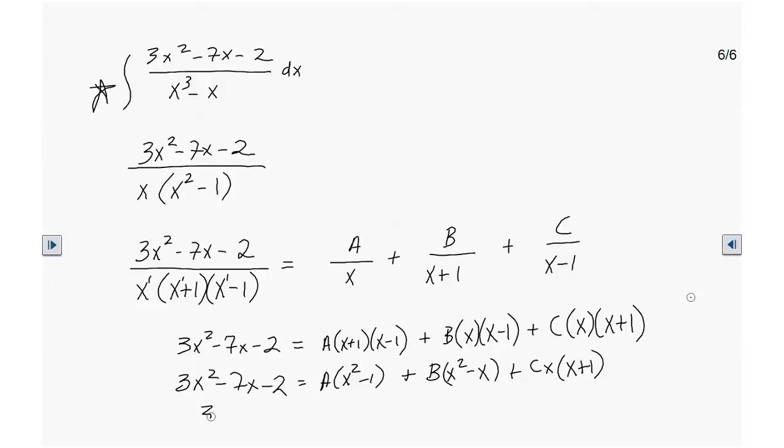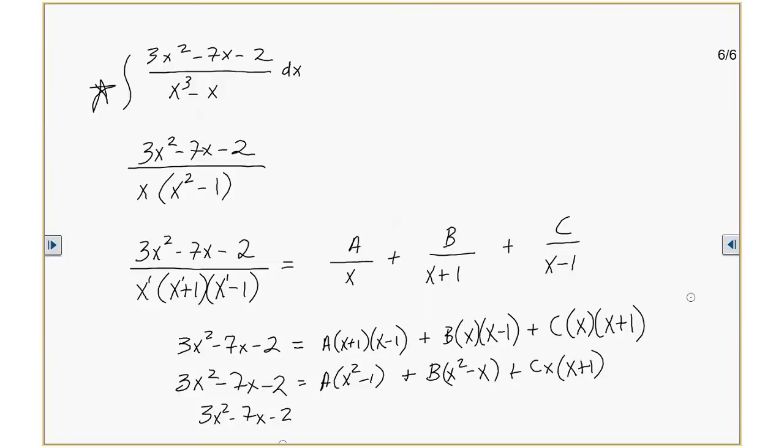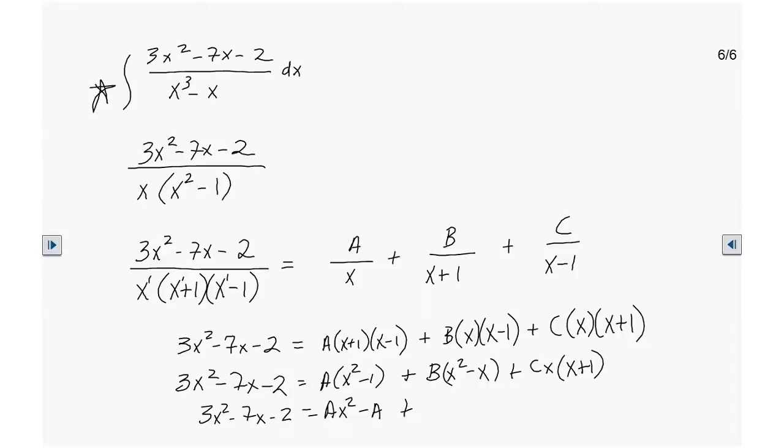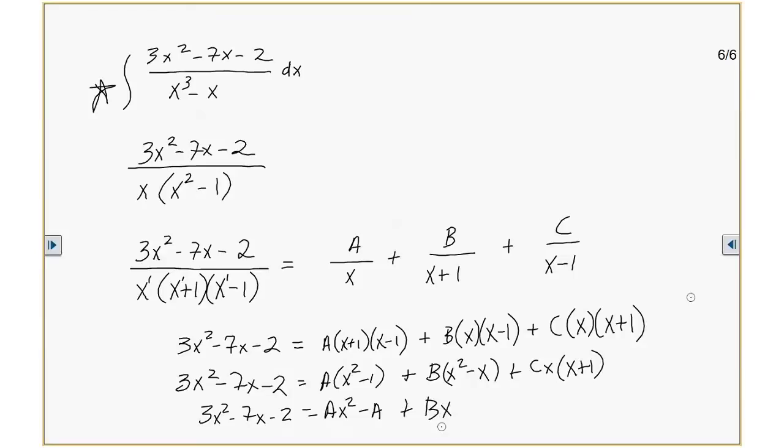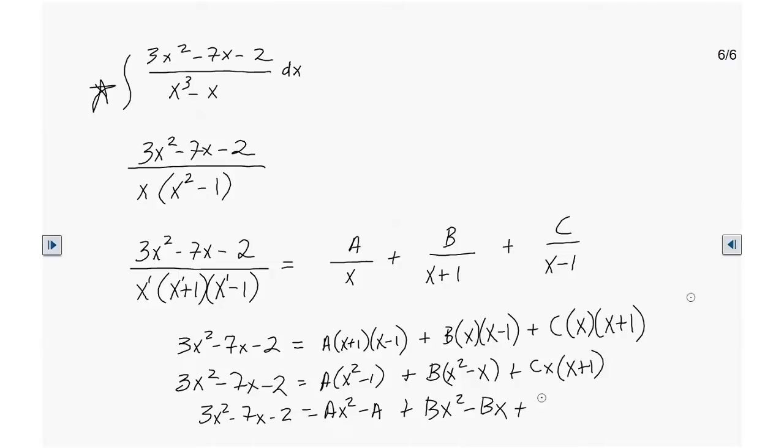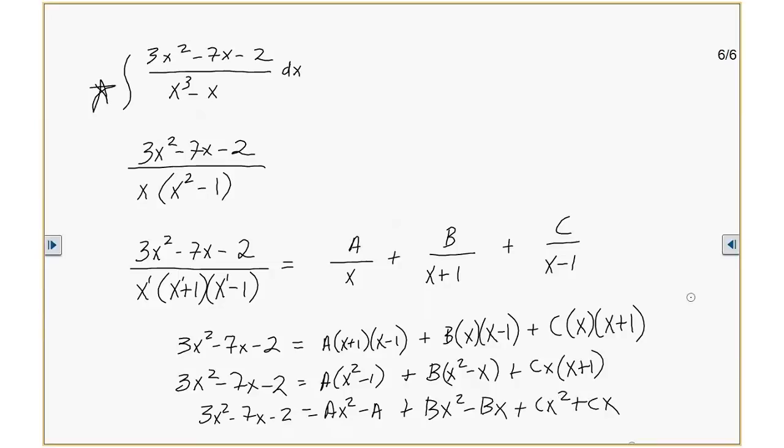That's going to be 3x squared minus 7x minus 2 is equal to ax squared minus a plus bx squared minus bx plus cx squared plus cx. Now, the long way would be to get all your common terms and to use solving systems of equations.